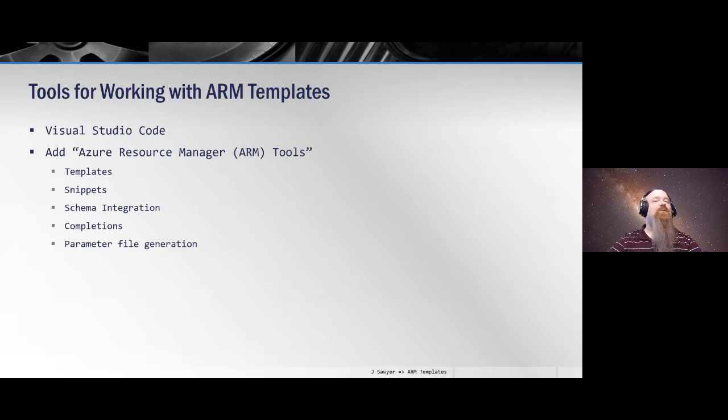There are some other tools you can install into VS Code, but for what we're looking at today, we're just going to be using the basic one, the Azure Resource Manager tools. And you'll see what it does, and it becomes a really good environment to craft your ARM templates.